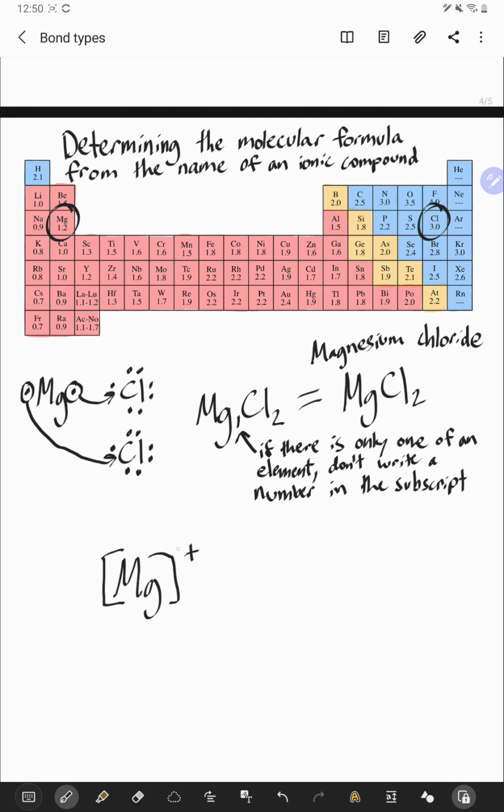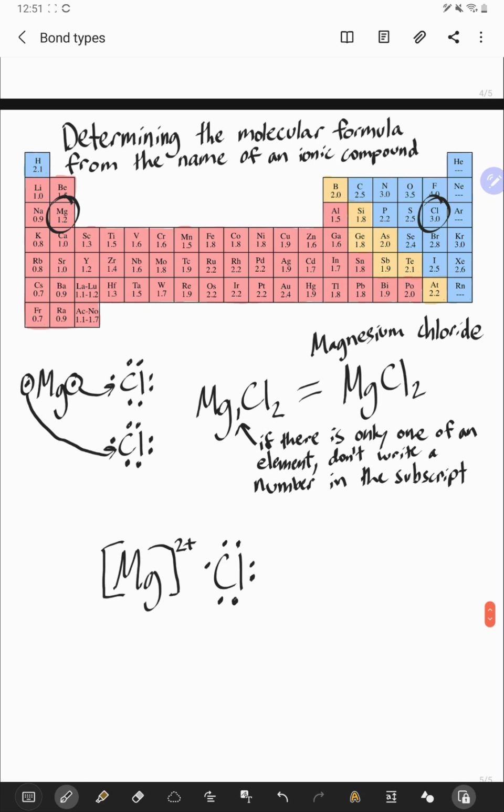And how many electrons did it lose? It lost 2. So we're going to have a positive 2 charge. Chlorine, we're going to draw chlorine with all of its electrons. So I will draw chlorine with all of the electrons it has. And we said that it gained 1 electron.